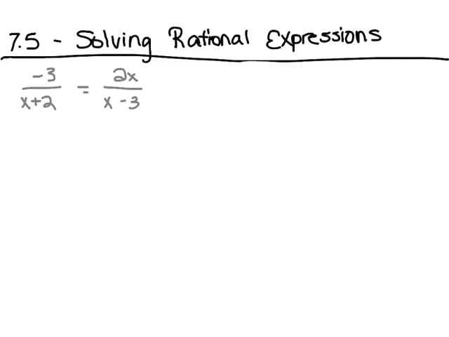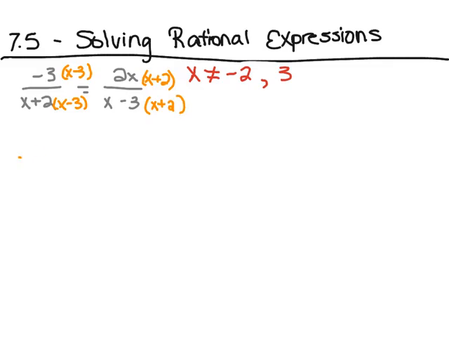Okay, for this one, first find your non-permissible values. X cannot equal negative 2 or positive 3. Now we're going to multiply. So this side will multiply by x minus 3, and this side will multiply by x plus 2. This will make our denominators the same.